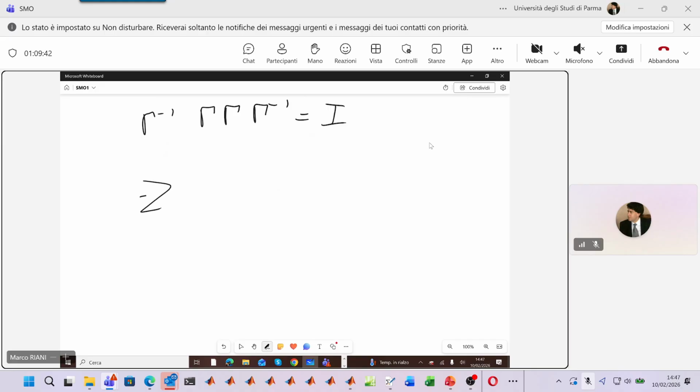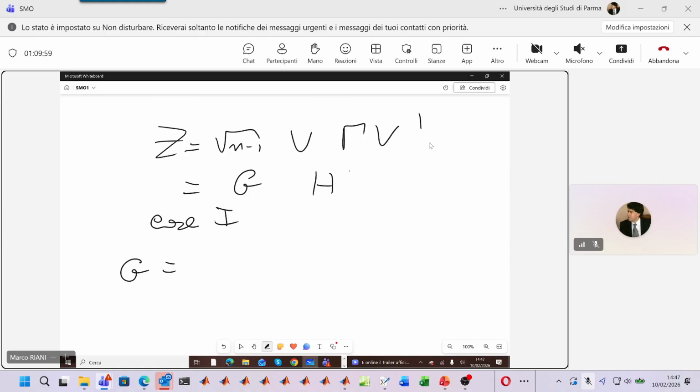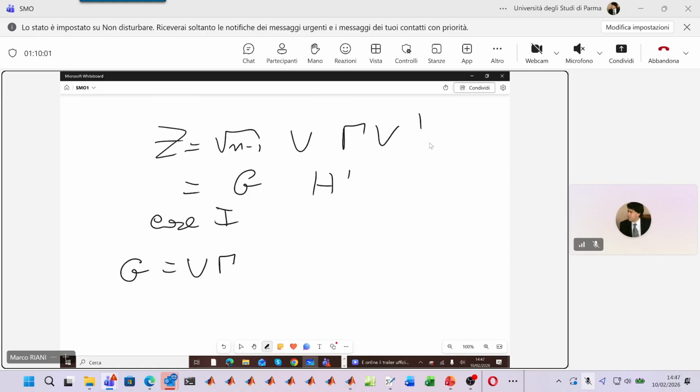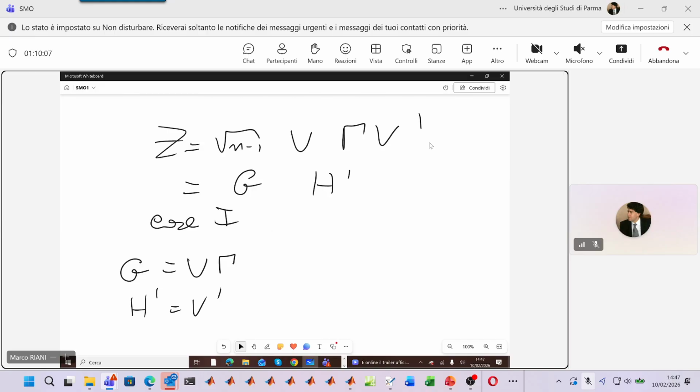Z, U gamma V prime, is equal to G times H prime. Case 1: G is equal to U times gamma, and then H prime is equal to V prime. In this case, what is U times gamma? U times gamma is the matrix of Z times V. And V is simply the matrix of the eigenvectors.